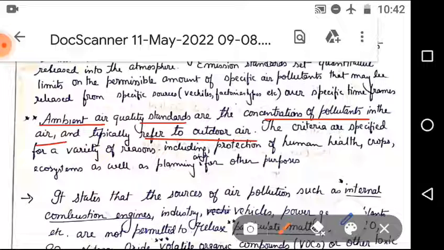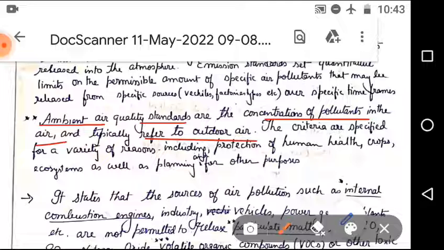So the outdoor air quality has some limits, and we cannot pollute beyond that. Otherwise, the pollution control board can take action. Although it is a funny thing that no actions have been taken here, there are some places where strict actions are taken. Even you can be put into jail, with a huge amount of fine.